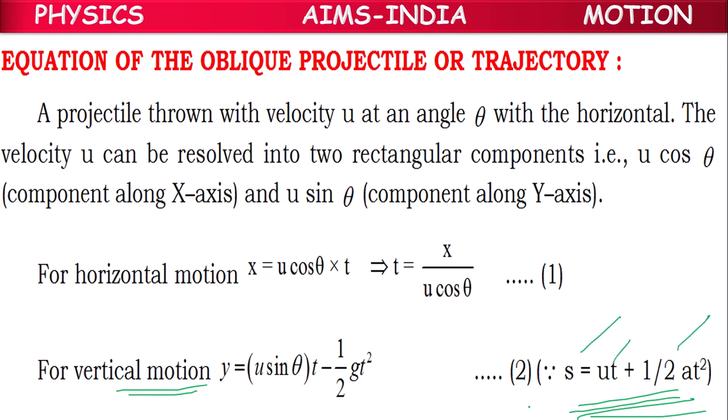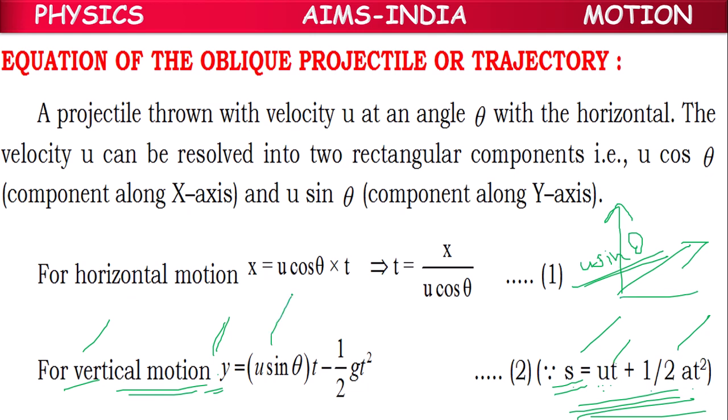We take the formula S equals ut plus half at square, where S is the distance traveled. Vertical motion means it is traveling in the y direction, so let the distance traveled be y. In ut, u means the beginning velocity. What is the beginning velocity in the vertical component? It is u sin theta, because u is divided into u cos theta and u sin theta.